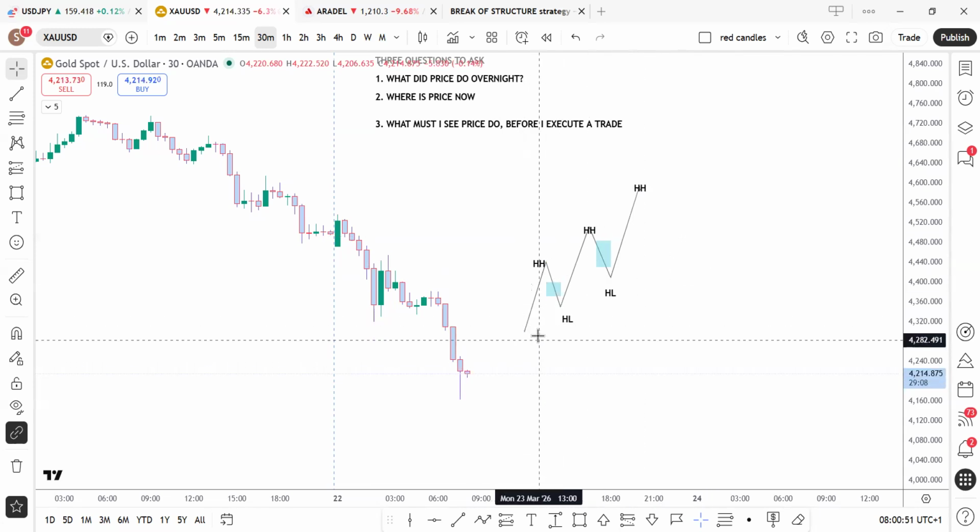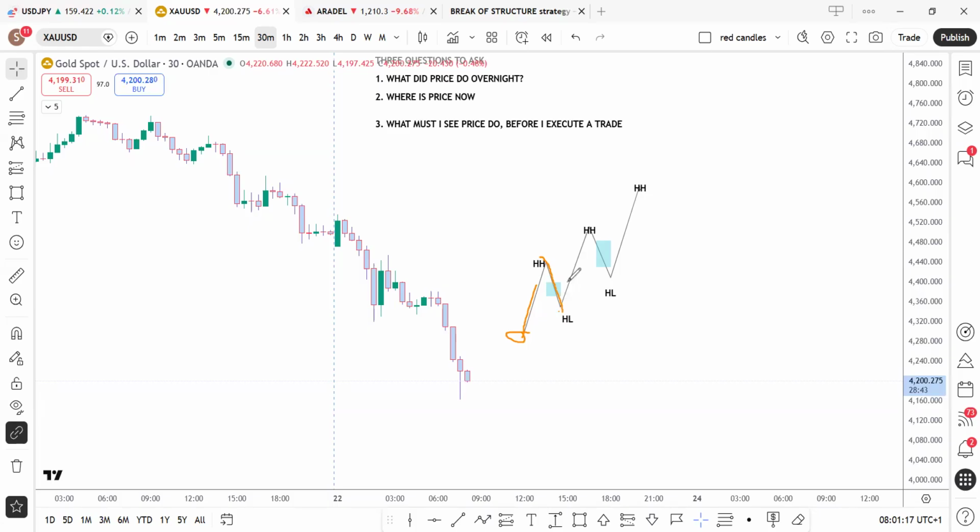When price is moving up, it starts from a level. Let's say it starts from somewhere down here, point A, and then it moves up to a high, let's say a higher high. So from a low here, it goes to a higher level. Then it pulls back down here and gives you a higher low.